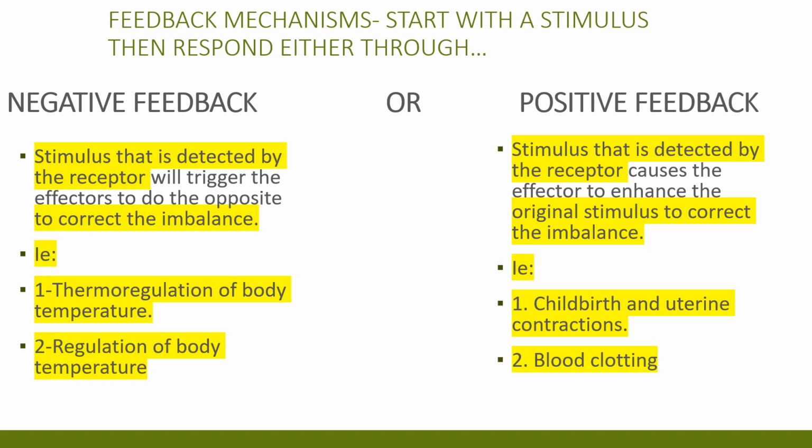On positive feedback, the stimulus that's being detected by the receptor causes the effector to enhance the original stimulus and make it even stronger. So for instance, in childbirth, the uterine contractions in prodromal labor are starting to contract, and the baby's head is being moved down towards the cervix.